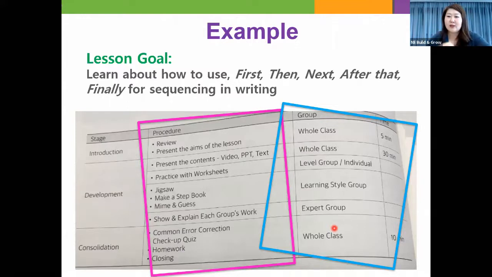But if you look at the grouping, you take into consideration your students' readiness, learning style, and also their level. So you can definitely look into this part, and think about how you can differentiate from this for now, content, process, and extra. So this is a little tip that I can give you.